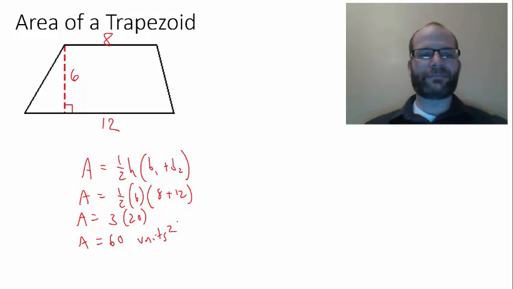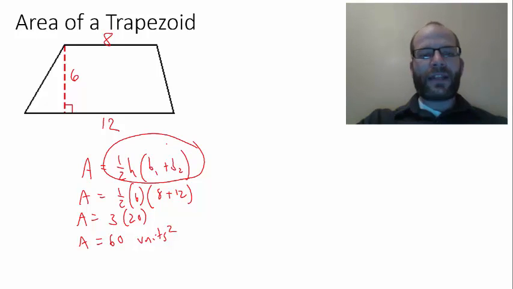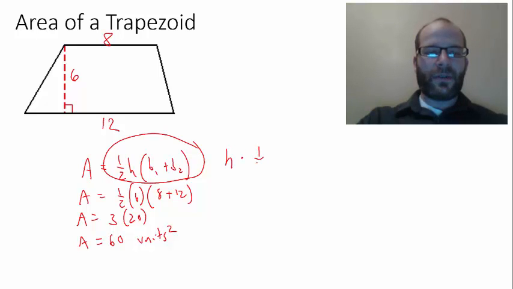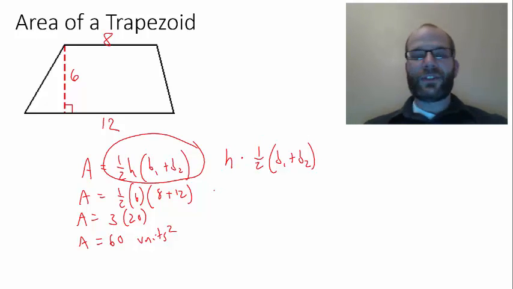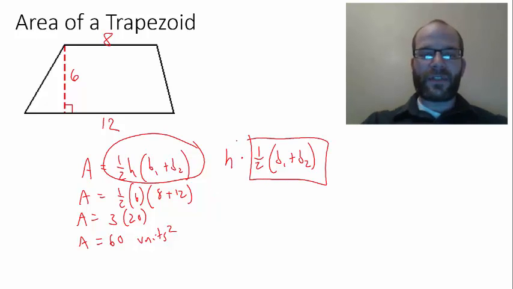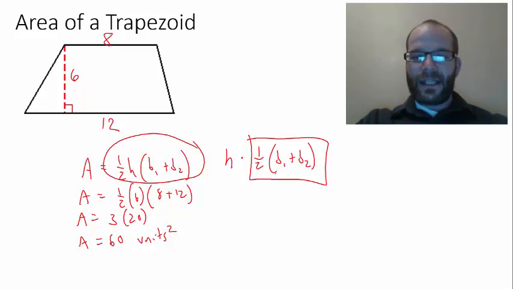Notice one more thing about the formula here that may be helpful for some people. If we rearrange this, we can express it as area is equal to h times 1/2 of base 1 plus base 2. The commutative property of multiplication allows us to move those factors around. You'll notice if you look at the right portion of this expression, there's actually an indication of average here.